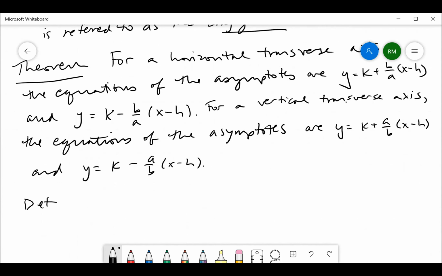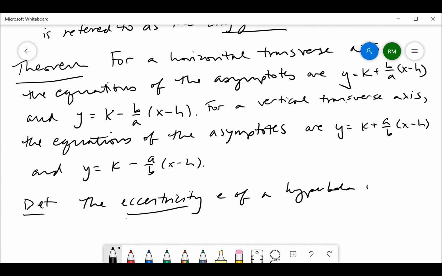And last but not least, the eccentricity e of a hyperbola is c over a.